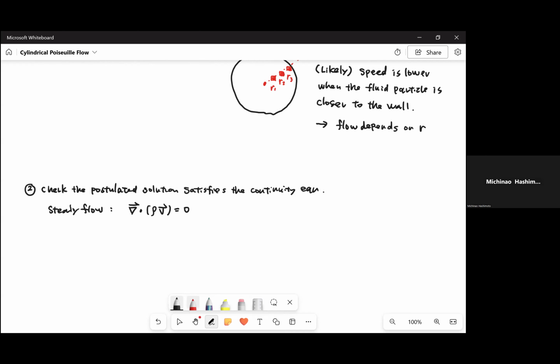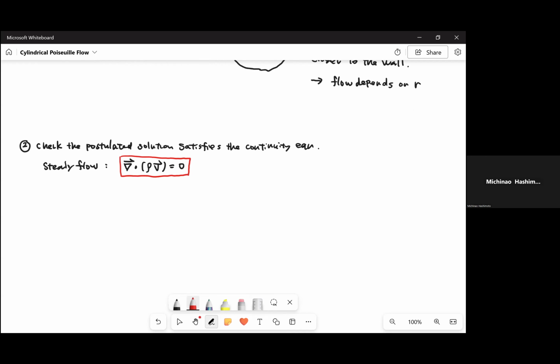This is the continuity equation. One thing we must pay attention to here is that nabla is different in cylindrical coordinates. So this is the nabla in the cylindrical coordinate.